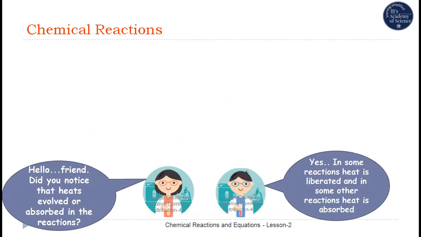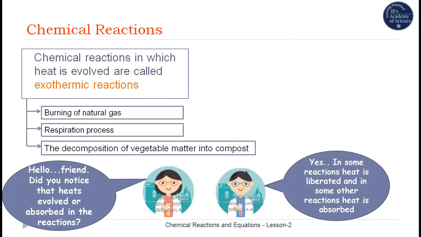Now, in some of these reactions what we dealt earlier, heat is evolved, heat is liberated during some reactions. For example, when carbon burns in air, carbon dioxide is produced. That reaction, C plus O2 gives CO2.